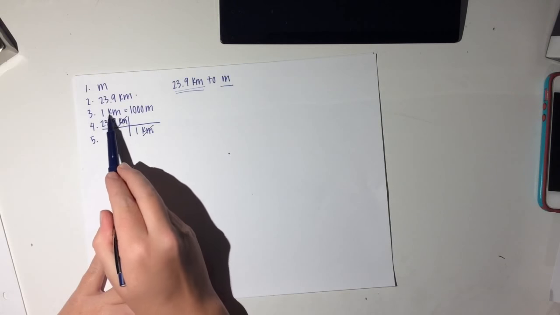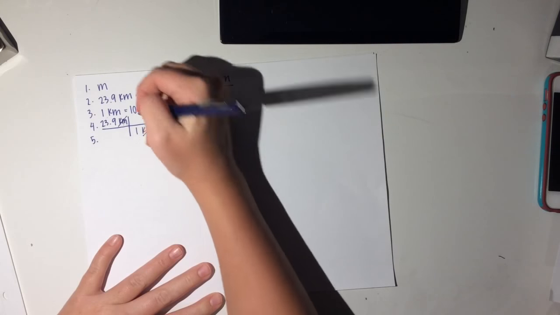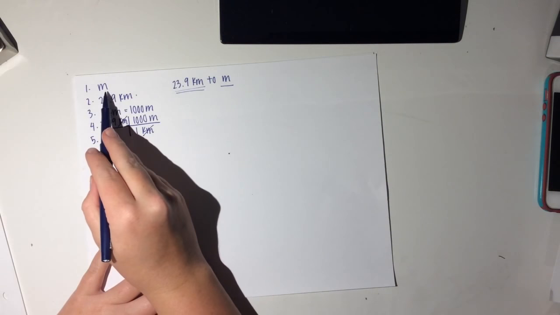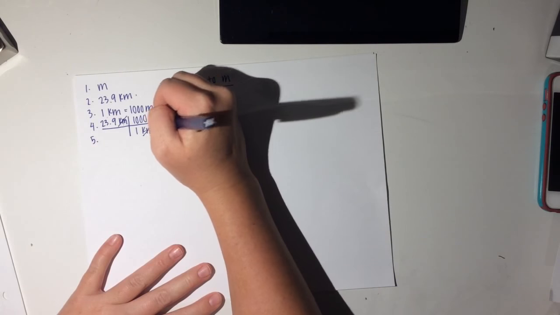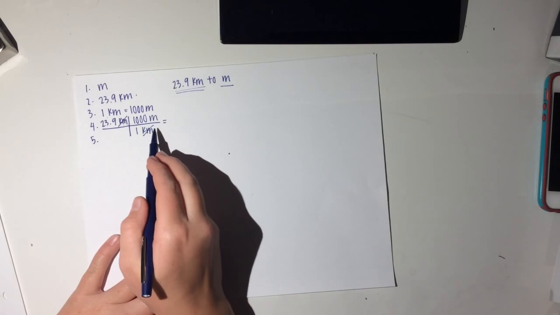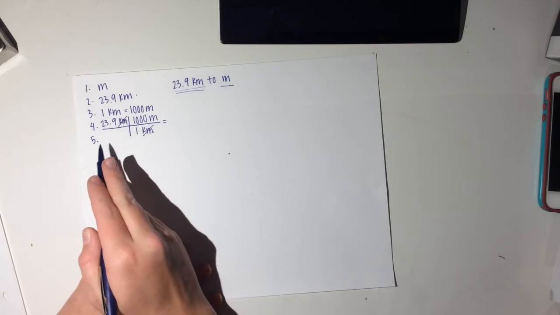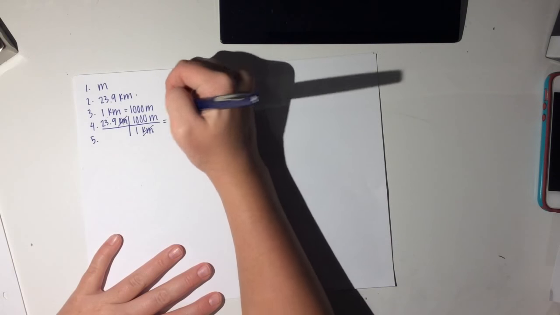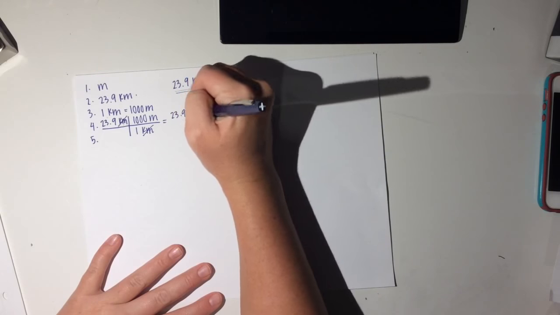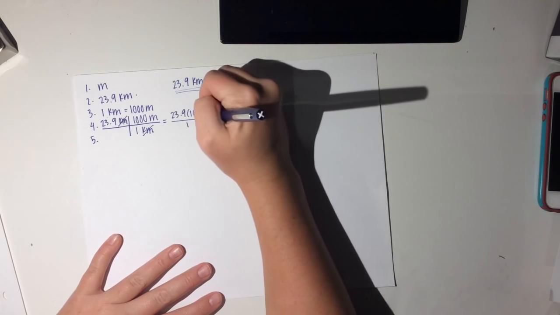Now 1 kilometer equals 1,000 meters, so we can write this up here. Look, now we're solving for meters. So now we can go ahead and do the math. So you multiply the top row and then divide it by the multiplied bottom row. So 23.9 times 1,000 divided by 1.